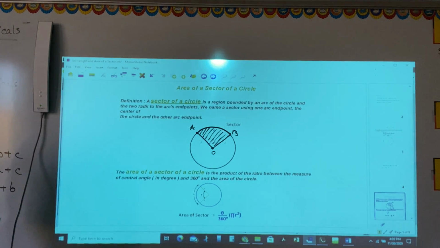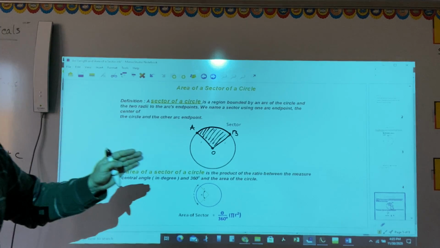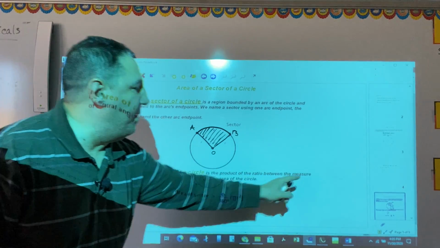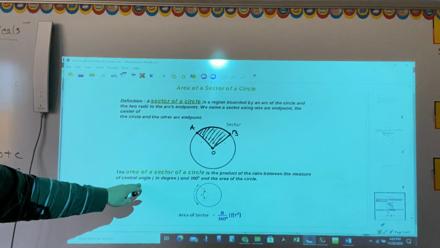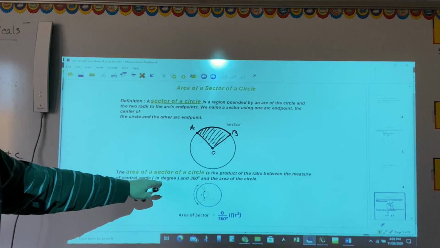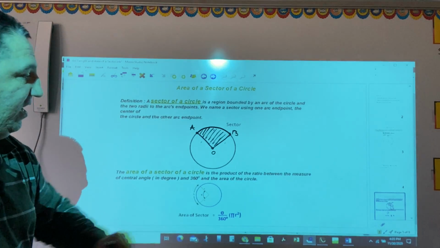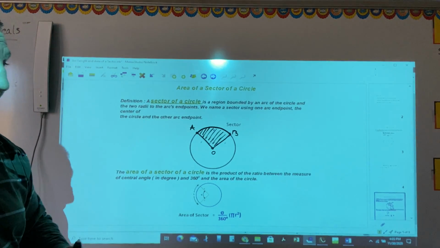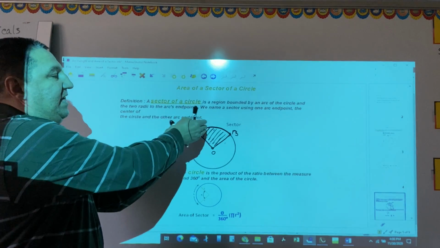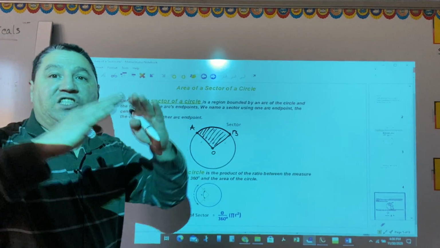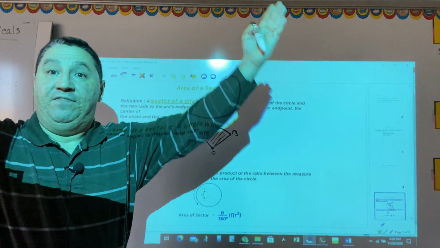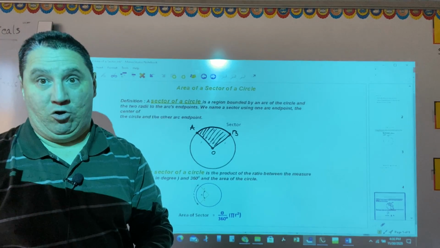The area of a sector of a circle is the product of the ratio between the measure of the central angle in degrees and 360 and the area of the circle. Why? Because the area of this sector is a portion of the area of the whole circle.